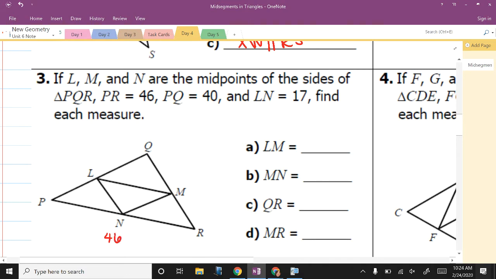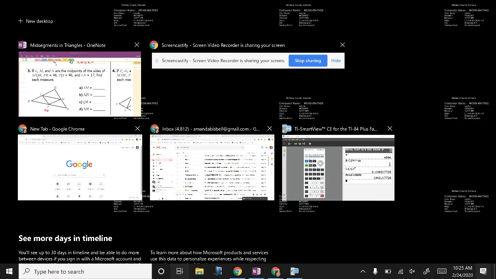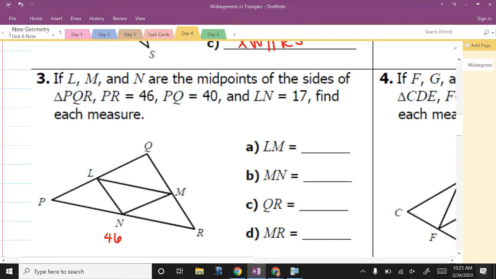Sorry. PQ, which is right here, is 40. LN, which is this little one right here, is 17. Find each measure.